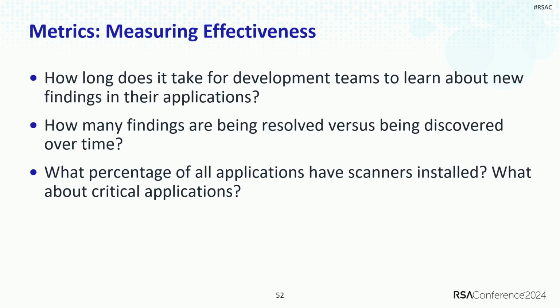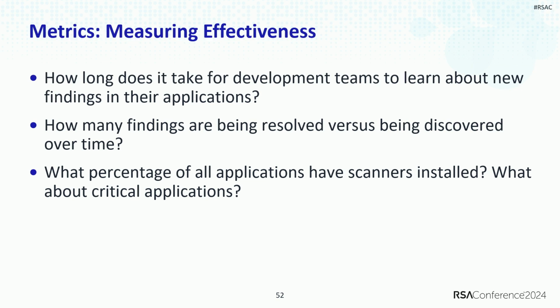And what more can we get out of metrics? Well, we can try to answer some of these questions. How long does it take for development teams to learn about new findings in their applications? How many findings are being resolved versus being discovered over time?